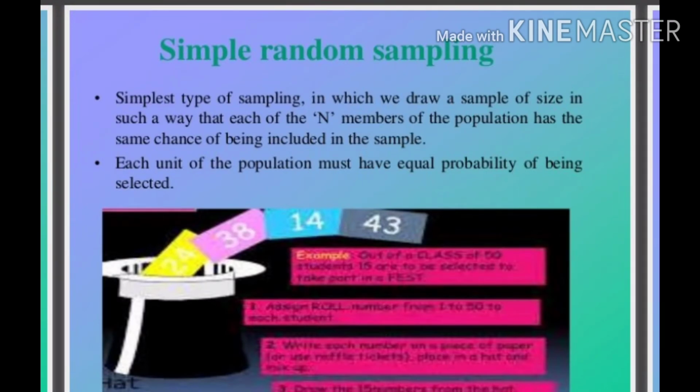Simple random sampling: the simplest type of sampling, in which we draw samples of size n in such a way that each of the members of the population has the same chance of being included in the sample. Each unit of the population must have an equal probability of being selected.